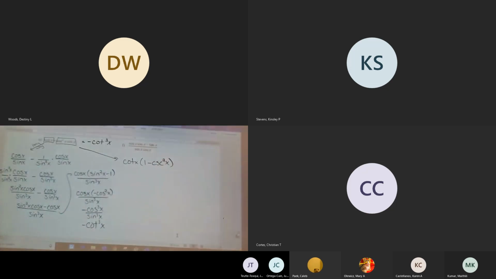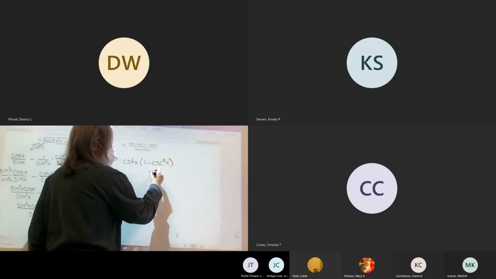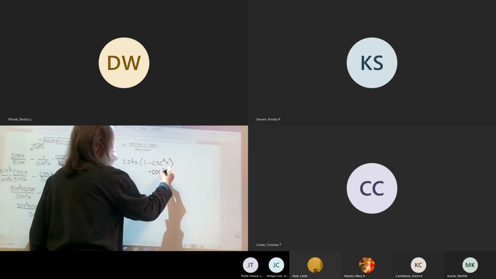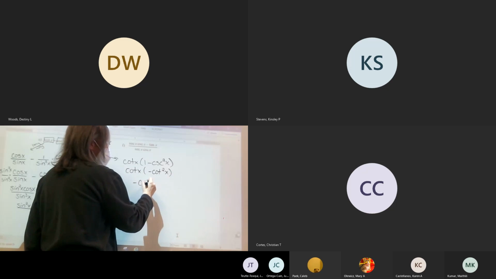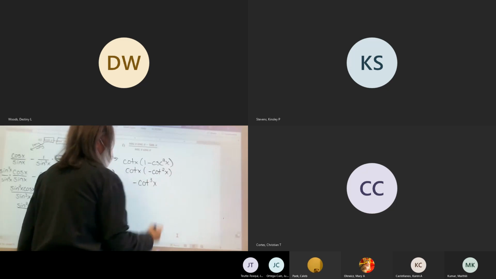And then I looked on my sheet with all my identities, and I noticed that my identity was cosecant squared x minus 1. Well, if you flip it around the other way, it just makes it negative cotangent squared x versus being positive, which makes that negative cotangent cubed x.